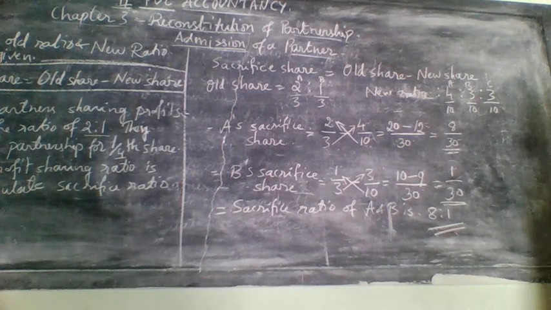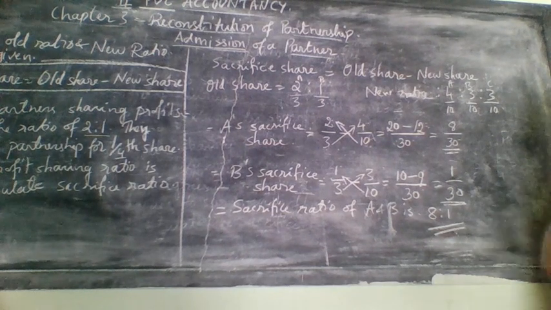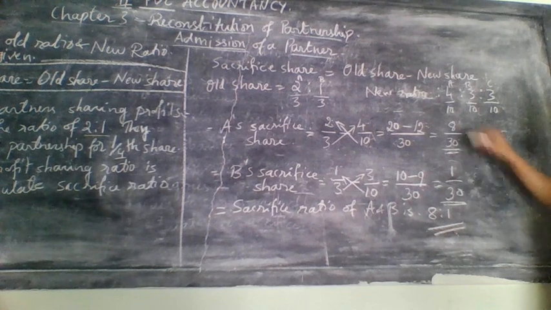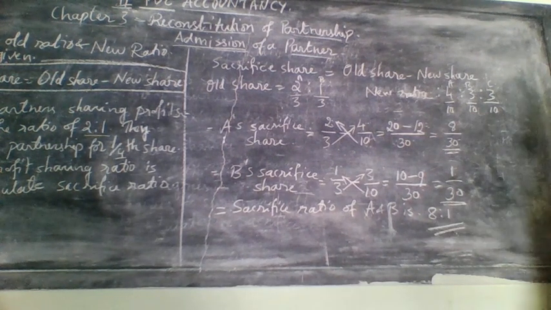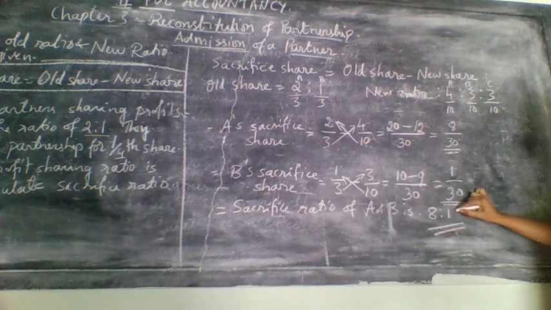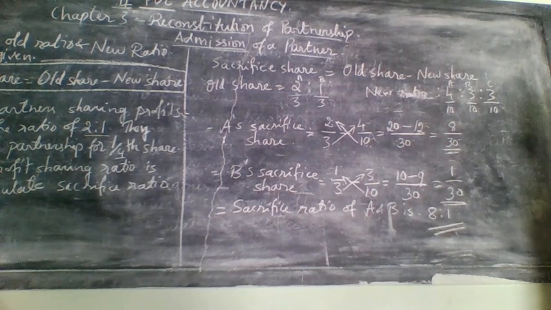At that time, one more step you need to follow: convert those denominators into a common denominator. In this case the denominators are the same, that's why we have taken 8 and 1 directly here. So A's sacrifice share is 8 and B's is 1. So it is 8:1.